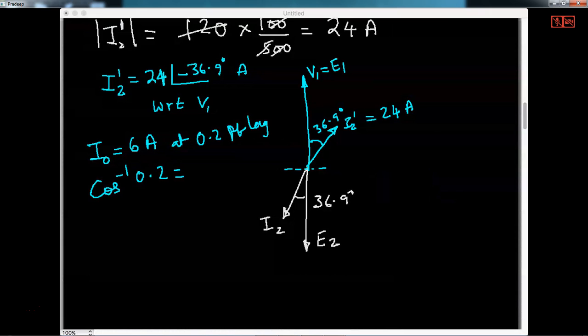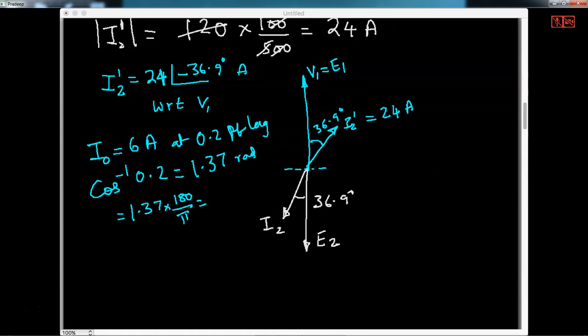This is 1.37 radians. That radians I have to convert to degrees, 1.37 radians into 180 divided by pi. So I'll get 78.5 degrees.